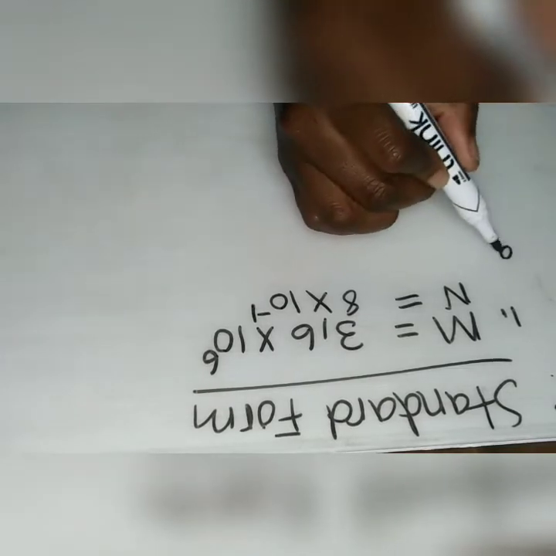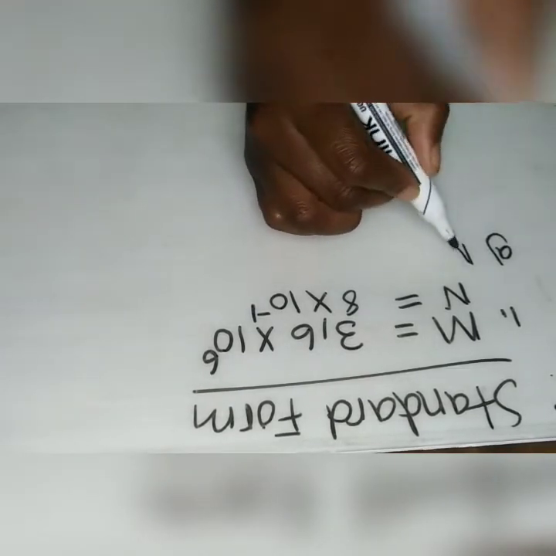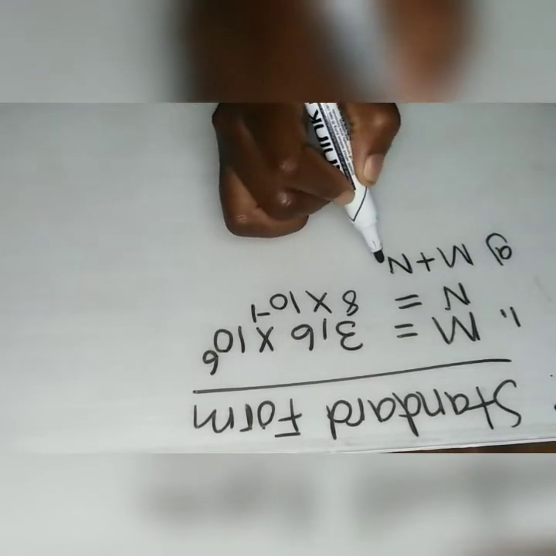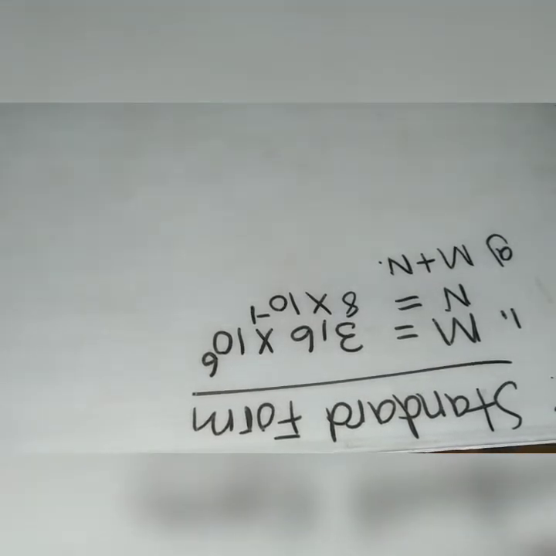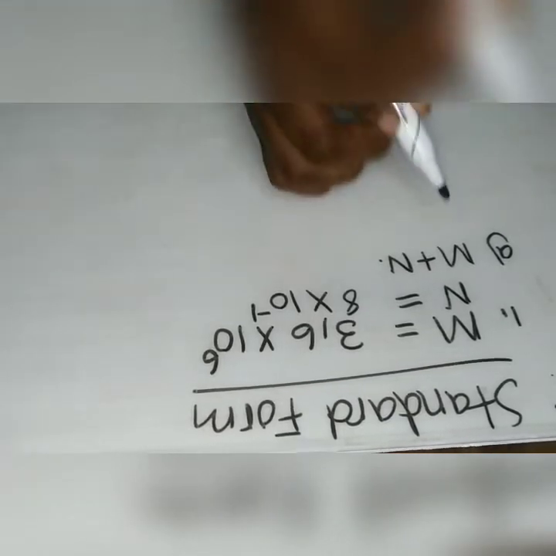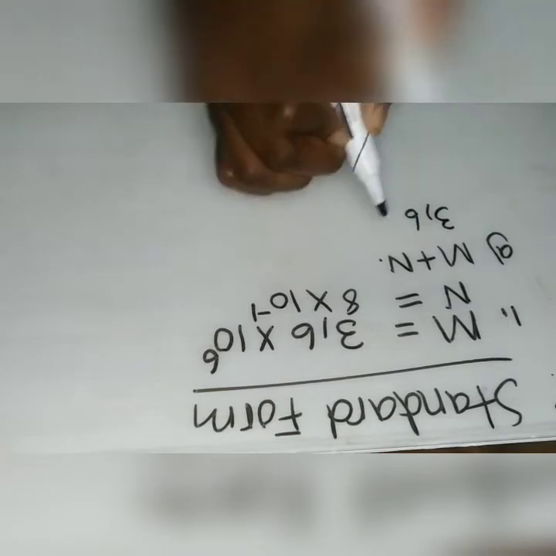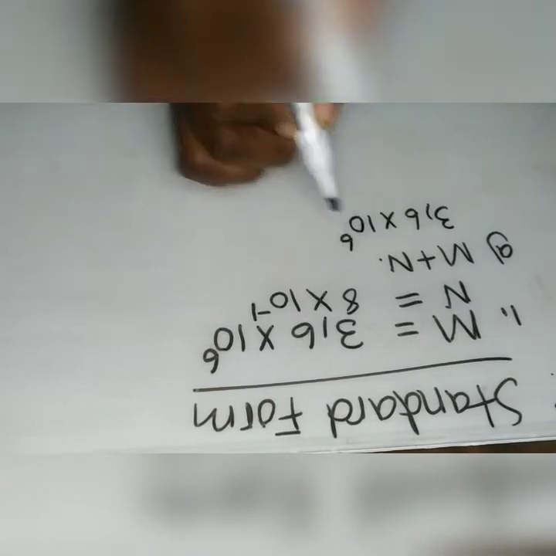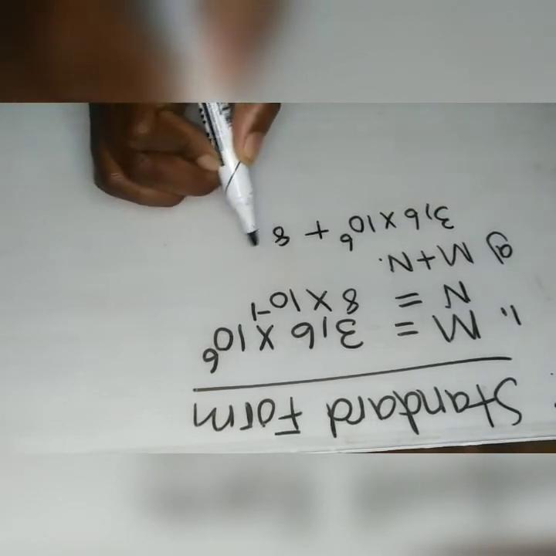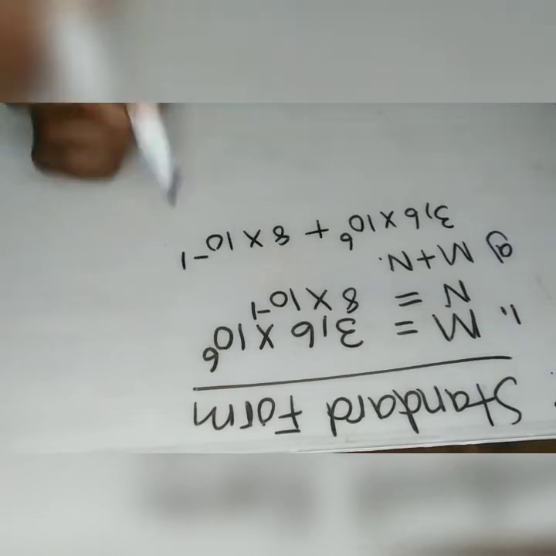And the first part of the question asks us to find m plus n. How do we find m plus n? This is simple. It's 3,6 times 10 to the power 6 plus 8 times 10 to the power minus 1.